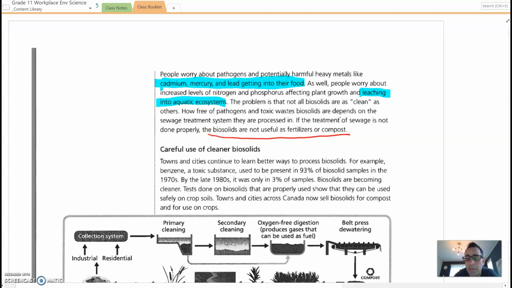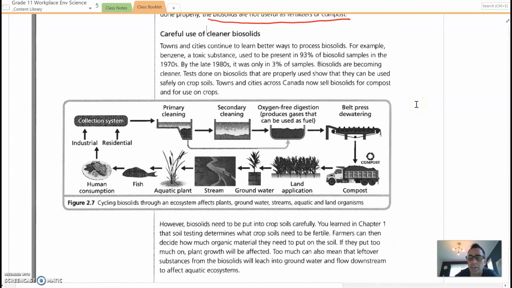We have to really be careful. The only way to really treat biosolids is to cook them. All right, so you have to burn them. And unfortunately, when you heat them, you can break things down, but then you're going to give off things like carbon dioxide. So it's not perfect by any means. But at least it helps us reduce some of the waste.